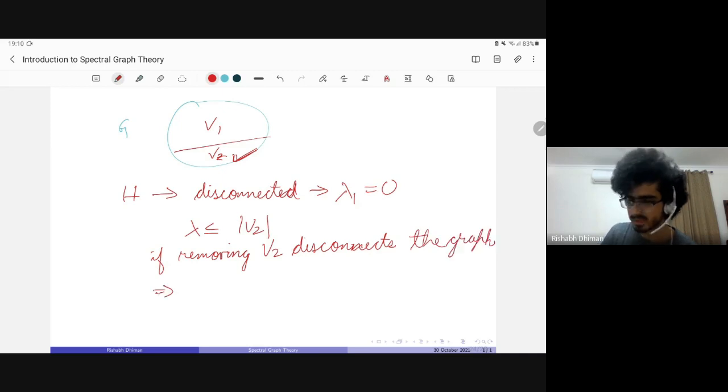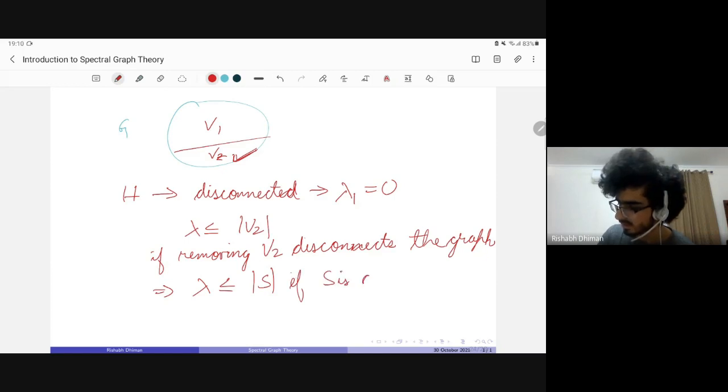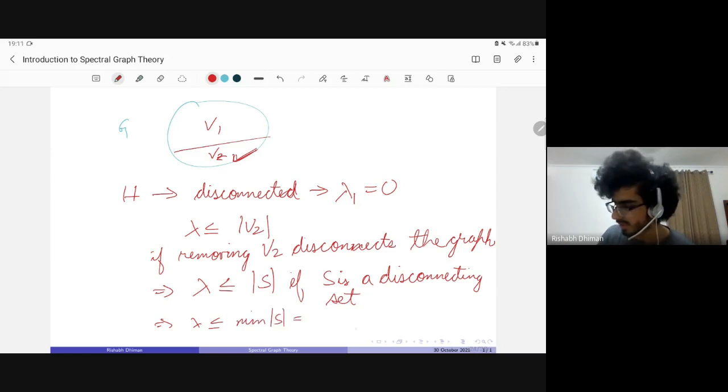And what this basically says is that lambda, the algebraic connectivity, is less than the size of S if S is a disconnecting set. And what this means is lambda is less than the minimum value of the size of S. And you define this to be the connectivity.